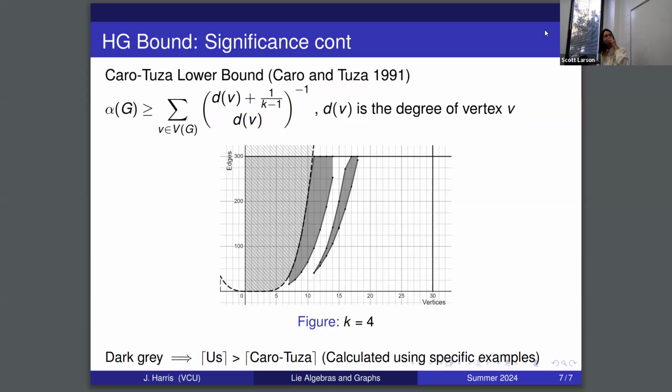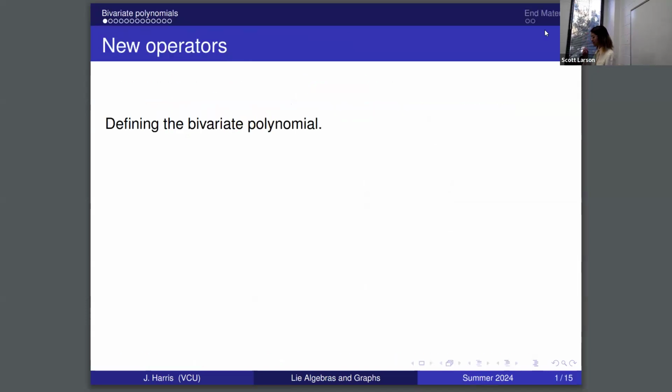This was us stumbling upon this bound and just trying to find somewhere that it could be useful. So after we twiddled around with this, we went back to working with Lie algebras, and this is where we're going to start defining the bivariate polynomial, which is where our main result is going to be coming from.